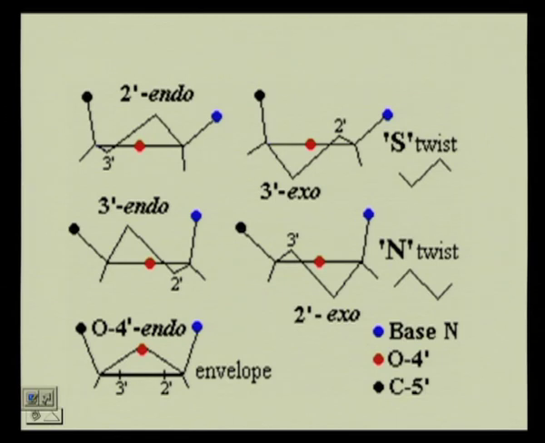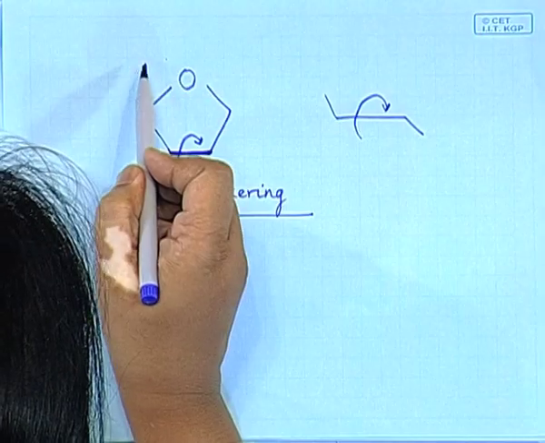So, this is 1, 2, 3, 4 and 5. These are the 5 atoms that we have connected to form the 5-membered ring. This is the 5 prime carbon atom that is usually attached to the phosphate.